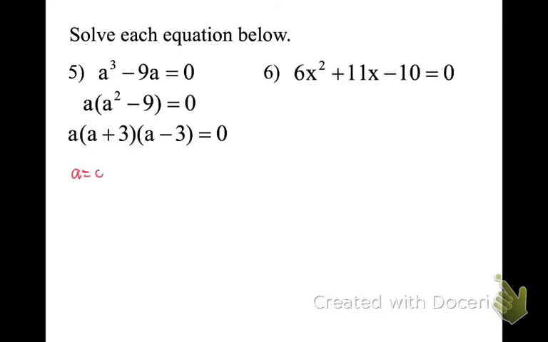A equals 0, a plus 3 equals 0. If it's a one-step, you won't have to show me, but if it's 2-step, anything more than a one-step equation, I do want to see the math for it. A minus 3 equals 0. So I guess you could just jump right here and go a equals 0, -3, 3.